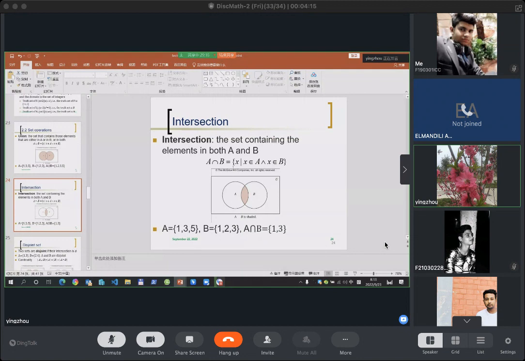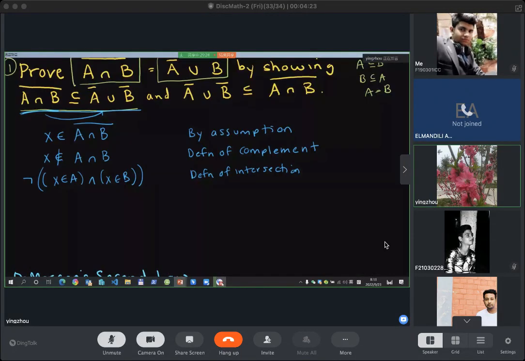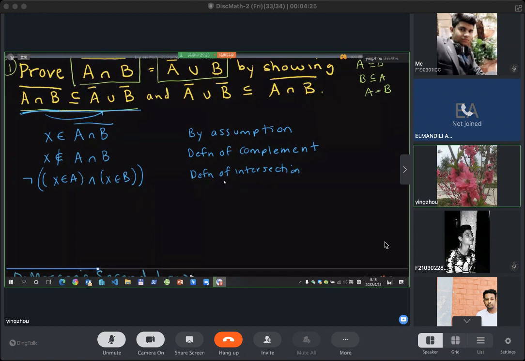So from this definition, if we want to show A intersection B, we can just translate it to the logical expression. Here is just the definition of the intersection.